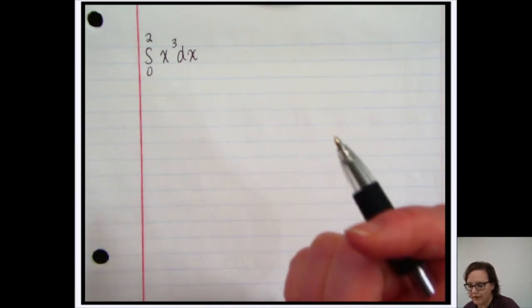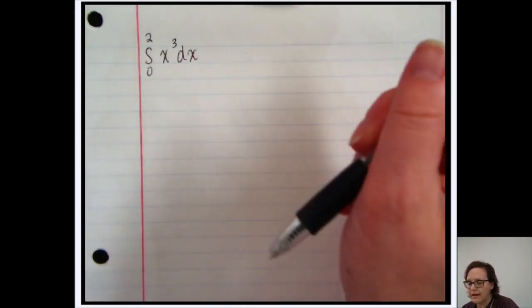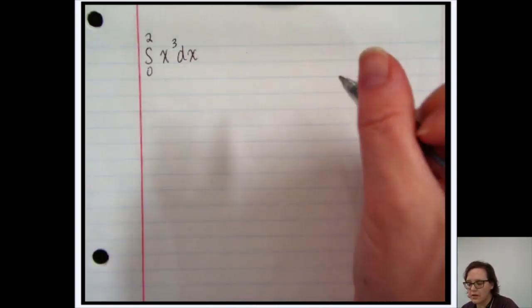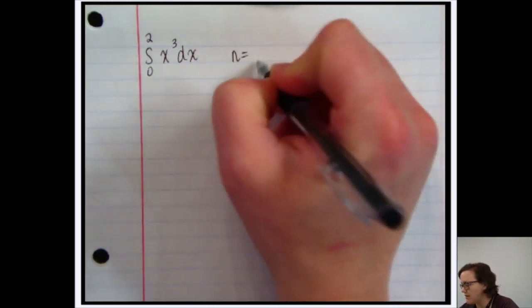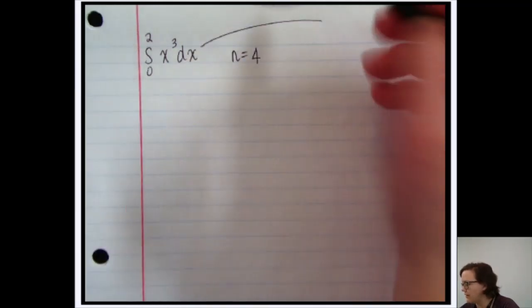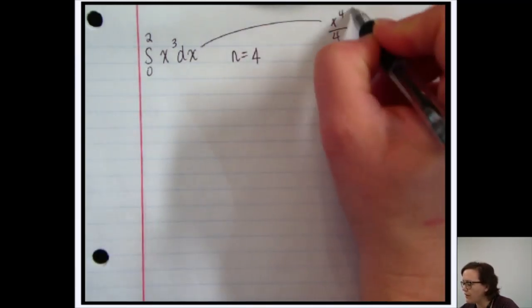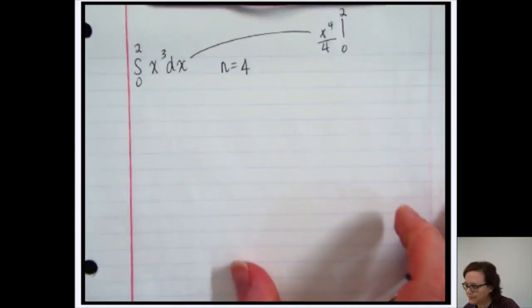I'm not sure where it is. But all you have to do is plug that in and we know how to do that. And they just want us to find n as 4. So let's look at that in a minute. That's x to the 4th over 4 from 0 to 2 if we use normal integration.